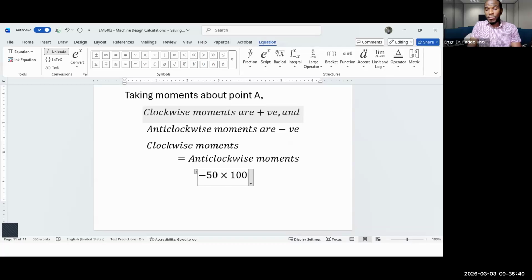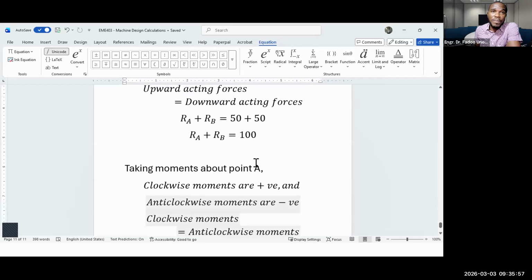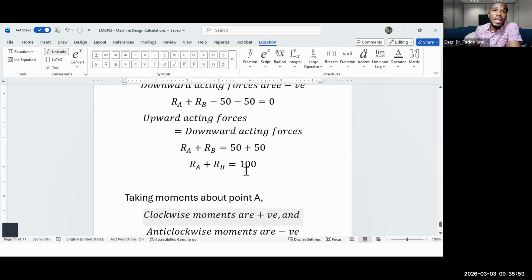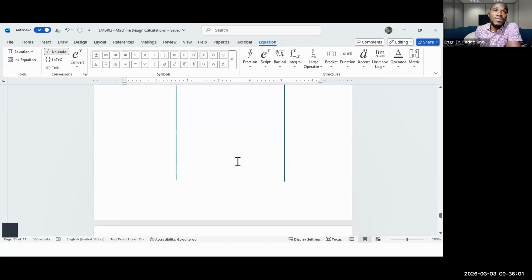Okay, and of course, the unit here is going to be kilonewton millimeter, because I'm working with that. So far as I remain consistent with my units, that's fine. So whatever force I get at the end will be in kilonewtons. Okay, so we've gotten that. Now let's check the next force.